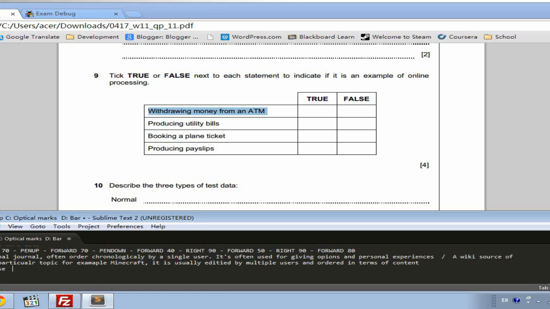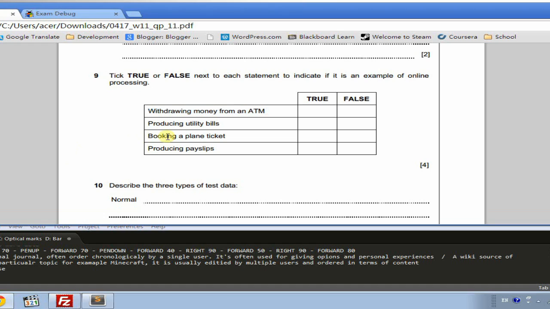C, booking a plane ticket. Let's imagine we have two people. I'm here in Jakarta, and someone else is in Paris, and we're both trying to book a ticket for the same flight. Now, if it was batch, then we could both book the same seat on the plane, and we wouldn't know until later on that it was double booked.